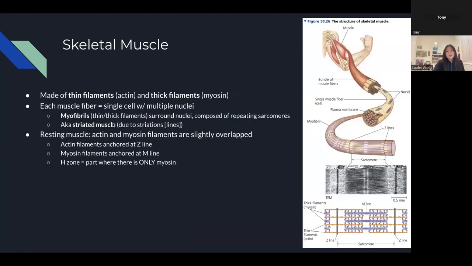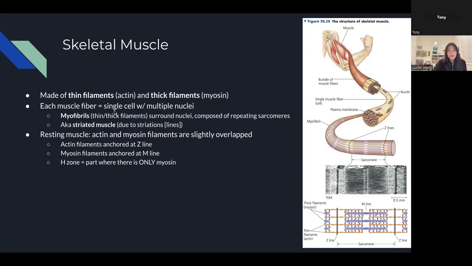Okay, next is skeletal muscle, which is kind of complicated. Skeletal muscles are made of muscle fibers, which have thin filaments, which are actin, and thick filaments, which are myosin. Those filaments help with the contraction of the muscle.